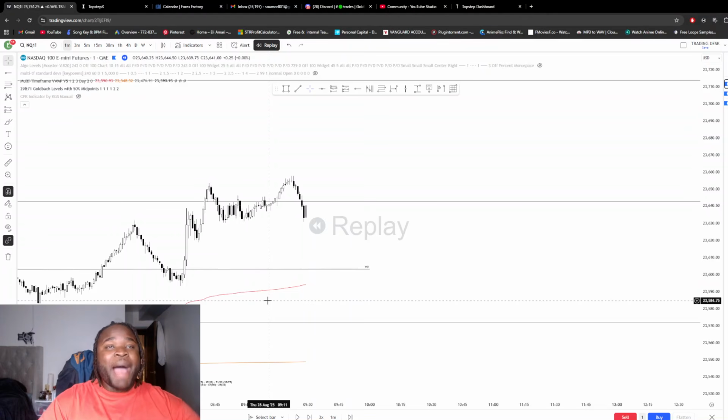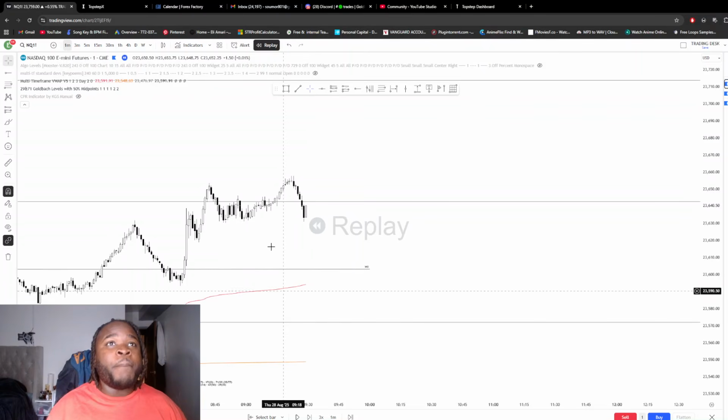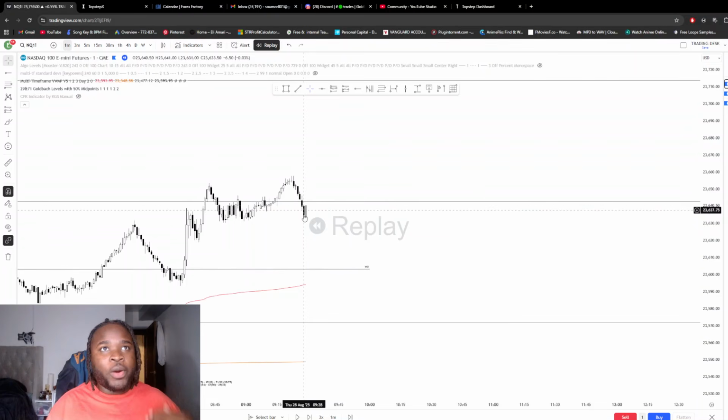What tends to happen is that the market makers love to push price into these levels. They'll push price into these levels and grab the orders down here, and then they'll push price the opposite way. We're above the VWAP right now, so that further confirms that we're in a premium.